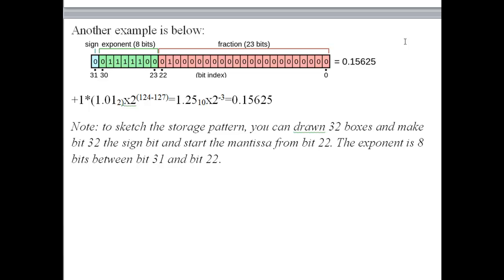This number that's representing is going to be plus 1 times something or other because it's a 0 sign bit. This number here in the exponent is going to be 124, that's 124, minus 127, and that gives us in fact minus 3. So that is minus 3 coded there.